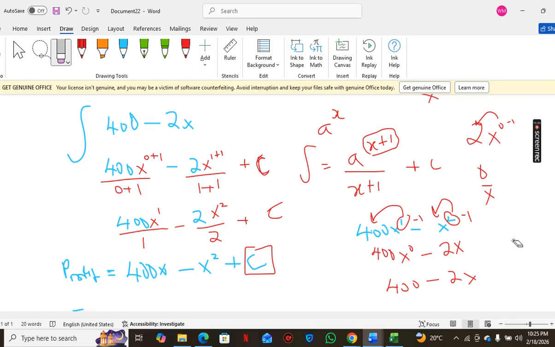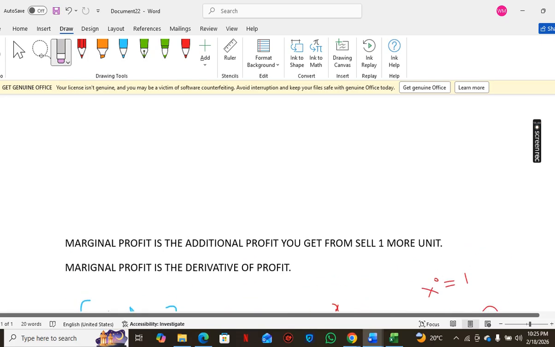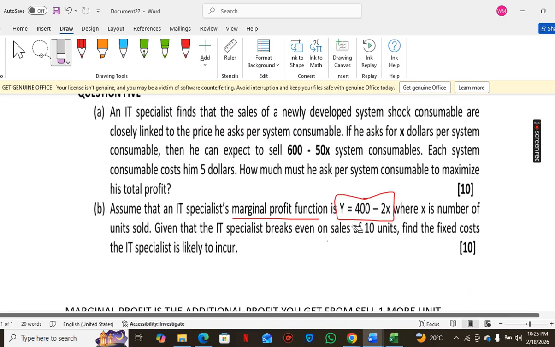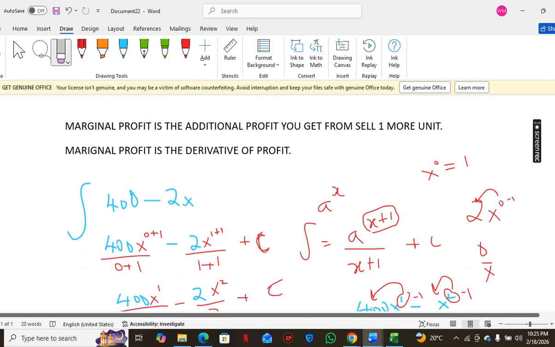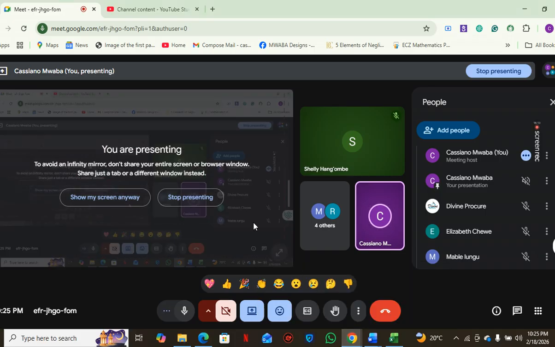Alright, so we have our profit function. Then in the question, they are telling us this. Given that the IT specialist breaks even on sales of 10 units, so he breaks even when he sells 10 units. So remember, at break even, colleagues, what is your profit? When you break even, what is your profit?